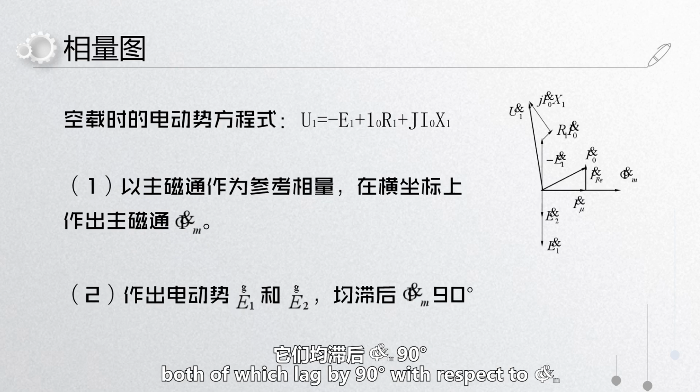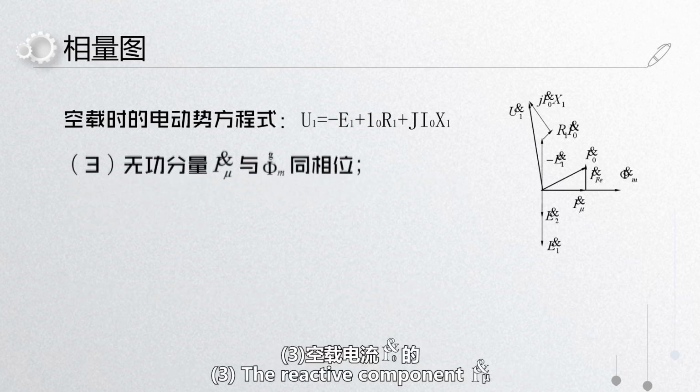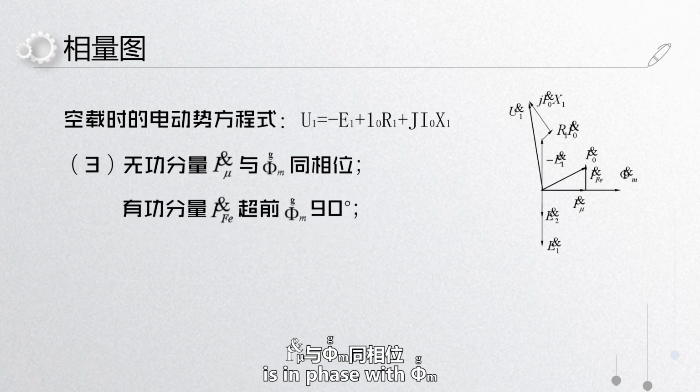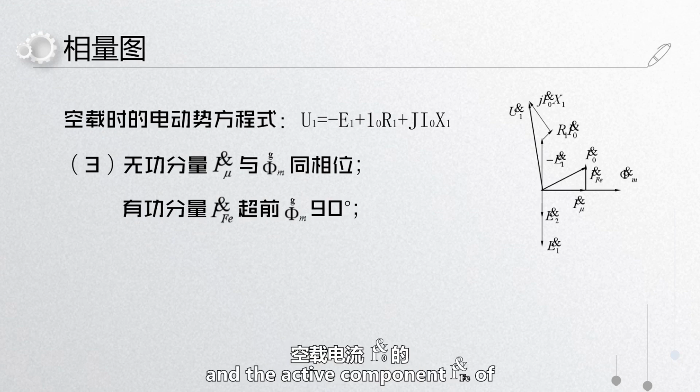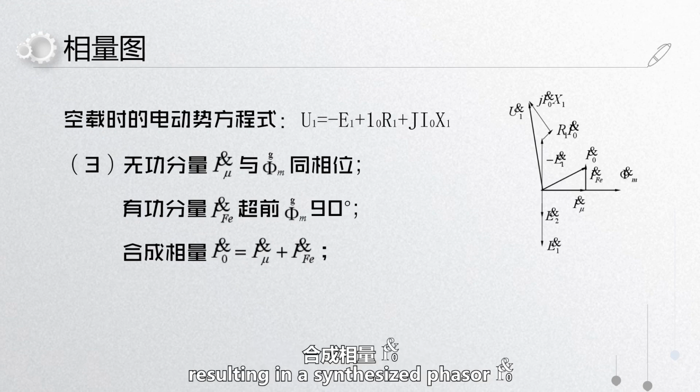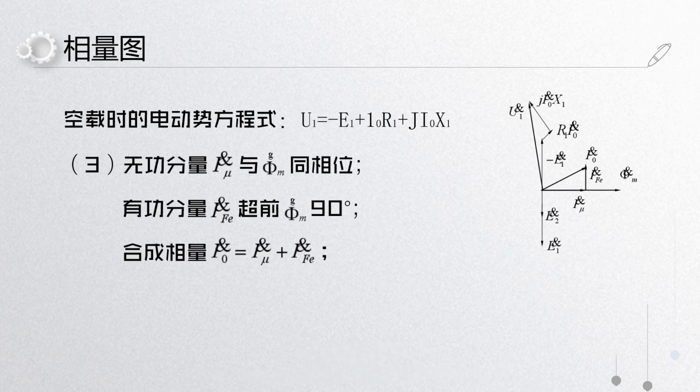Third, the reactive component I mu of the no-load current I0 is in phase with phi m, and the active component IFe of the no-load current I0 leads phi m by 90 degrees, resulting in a synthesized phasor I0.